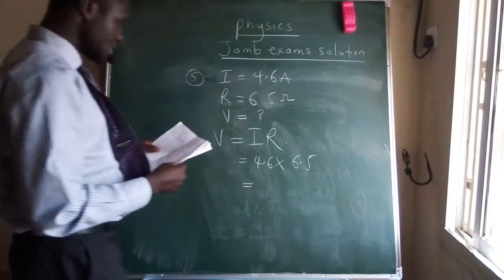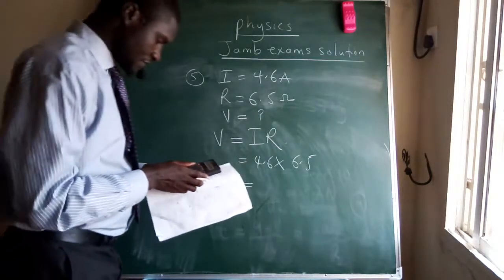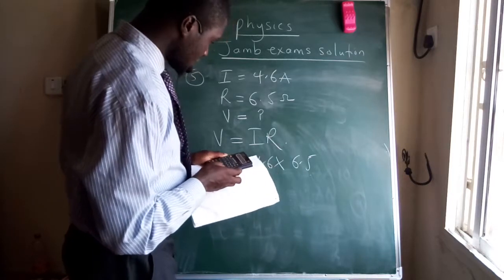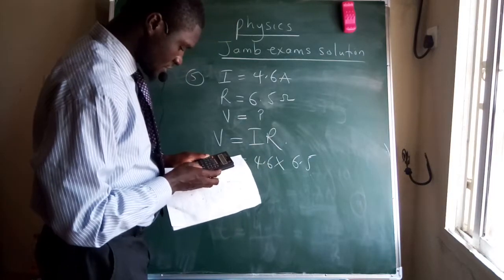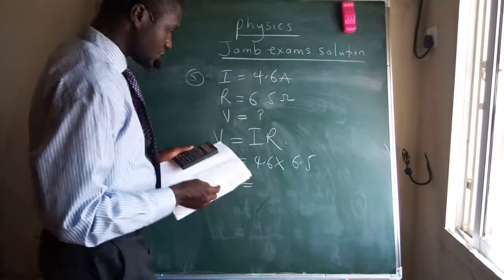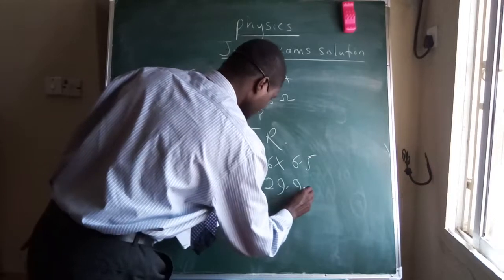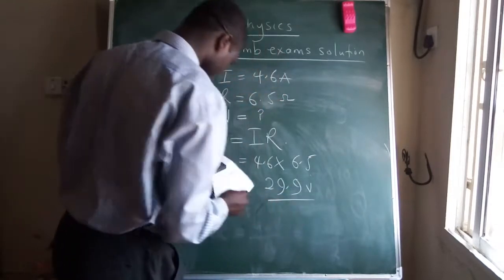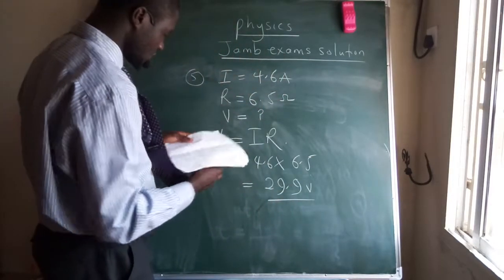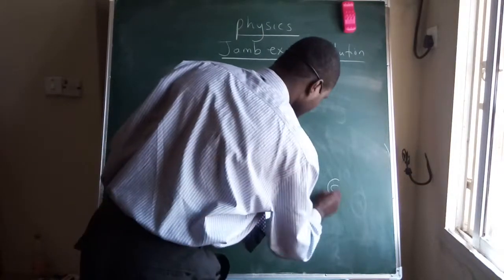So when we multiply 4.6 by 6.5, we have 29.9 volts. That's our answer, 29.9 volts, and that is option C.